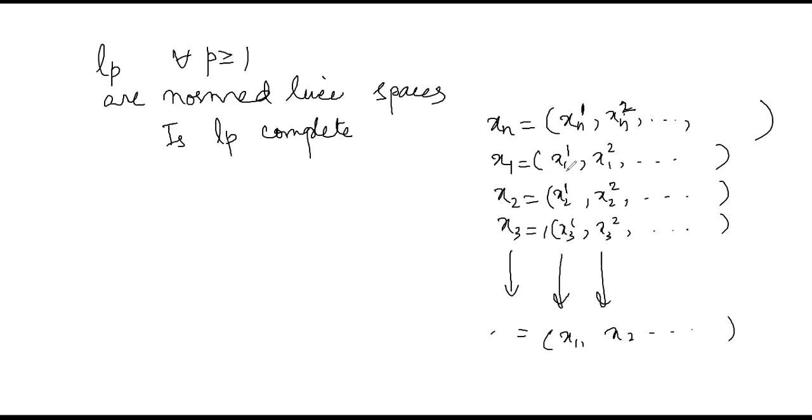Then I show that the sequence formed by the limits of those columns would be inside l^p, and x_n would actually converge to x. This sequence of sequences would converge to the particular sequence which I obtained by taking the limits of each of these columns as scalar sequences.